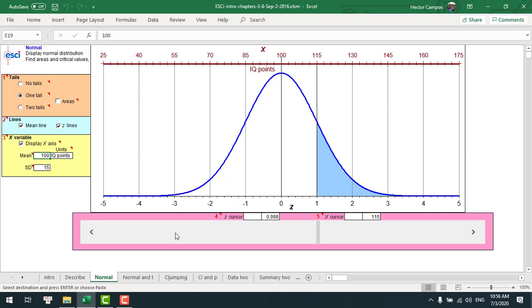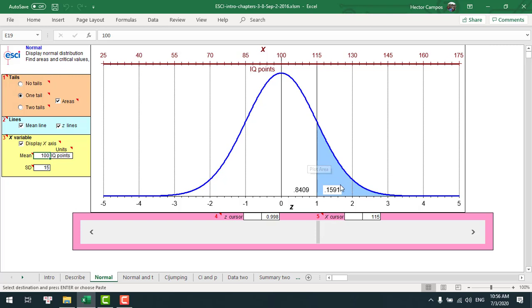Okay, so there we have it in 115. So notice here then that here we are in 115 and we want to see what areas we have here. So here we can see that on the left we have 84.09%.